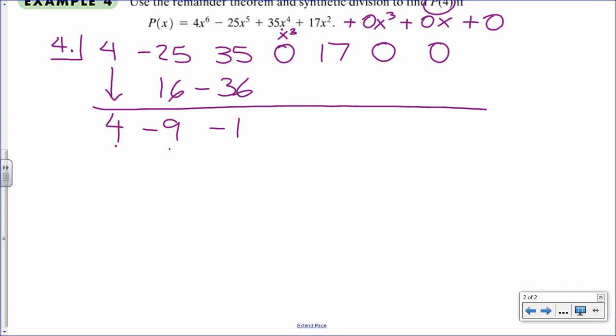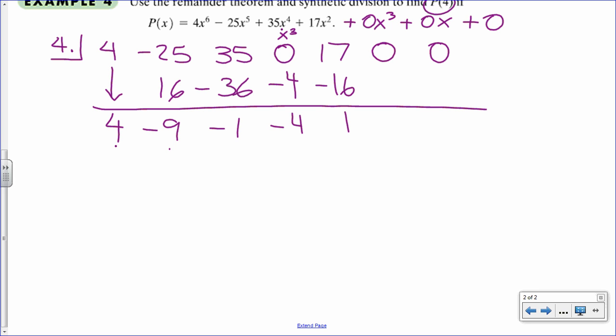What do we do next? Multiply. So 4 times -1 is? Negative 4. 0 minus 4 is? Then we multiply. 4 times -4 is? Okay, 17 plus -16 is? 1.